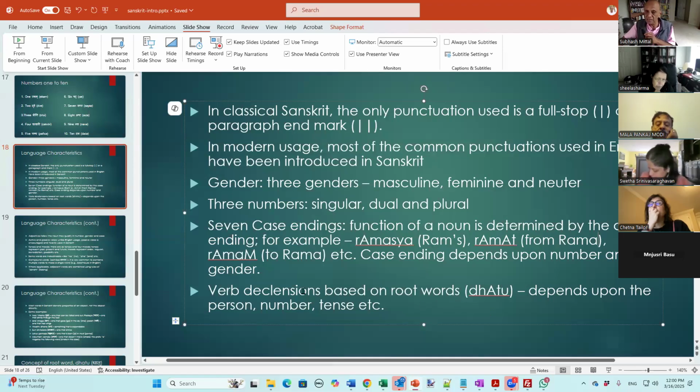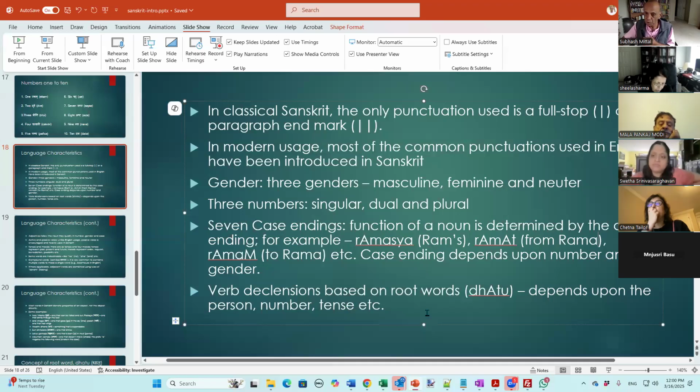Again, the declensions are based on the person, whether it's first person, second person, or third person; the number, whether it is singular, dual, or plural; and which tense, whether it is past, present, or future.